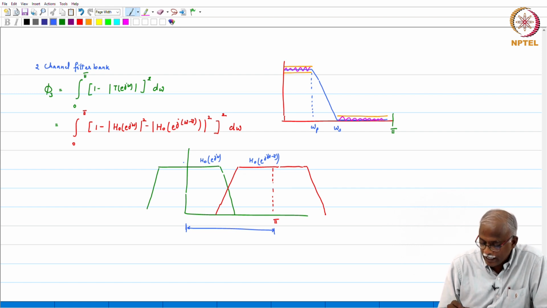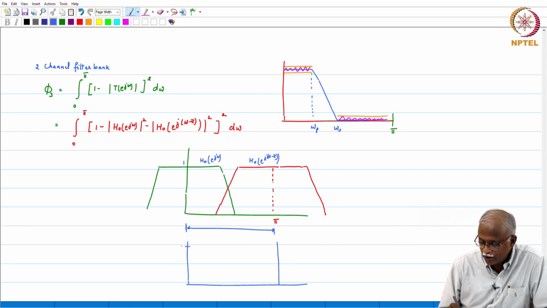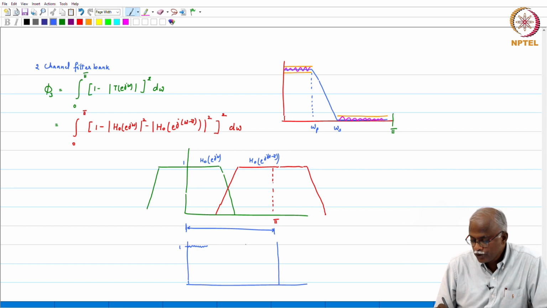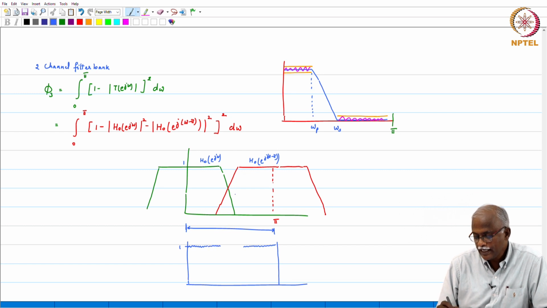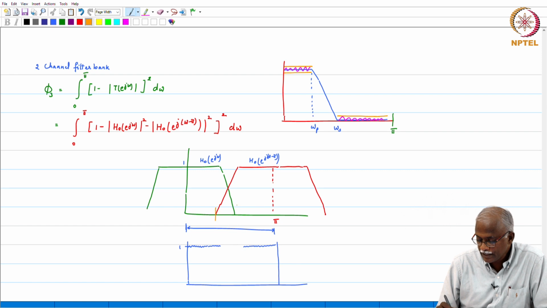Now if this is close to 1, let's look at the magnitude squared response between 0 and π. This is going to be close to 1 in the passband region and in the stopband region. Where things are not so certain is in the transition band. So the question mark basically lies in what happens in this band.